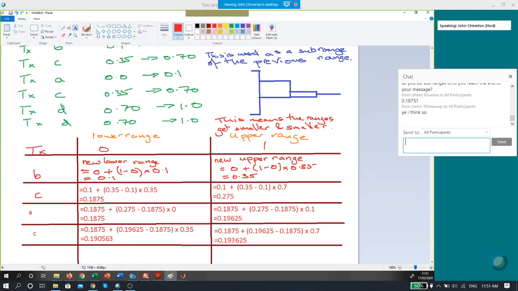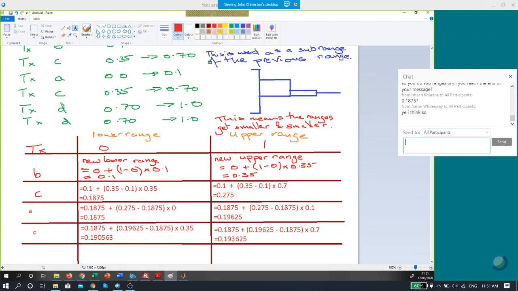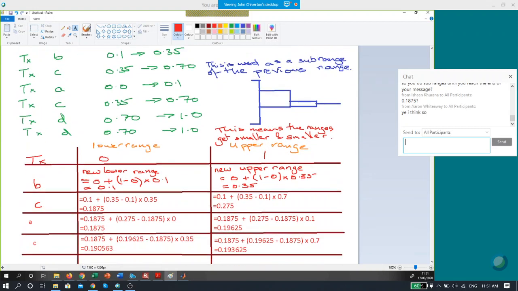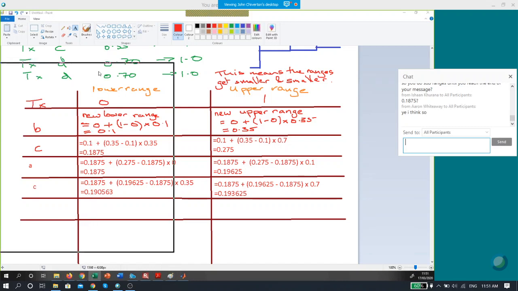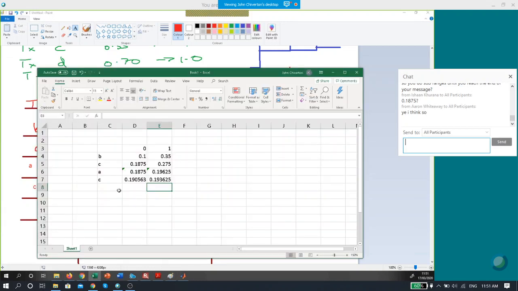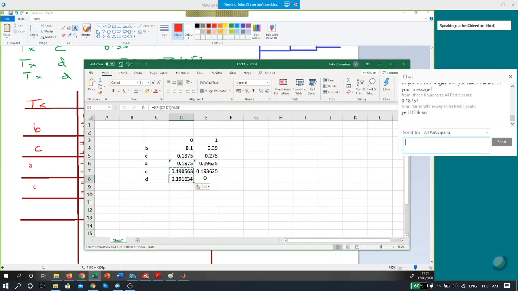Okay, right. Symbol D next, isn't it? We're nearly there. B, C, A, C, D, D. Okay, so for D, we start with 0.7, don't we? So we need a 0.7 there.